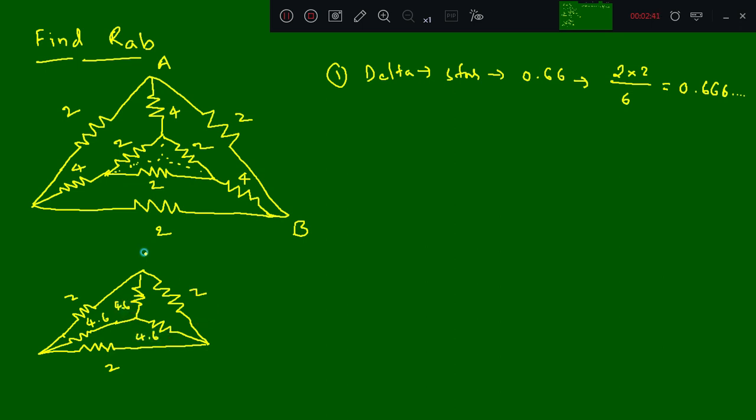Okay, so this is E, this is P. This is the first reduction. Then the second one.